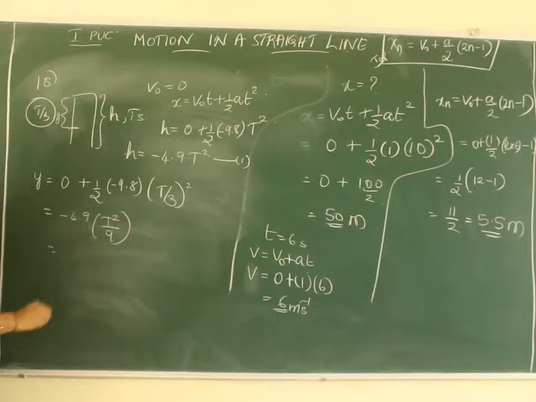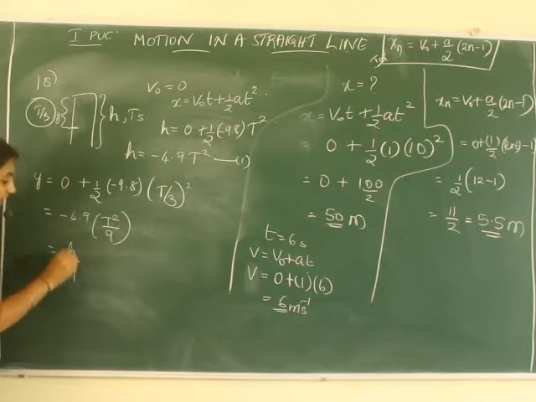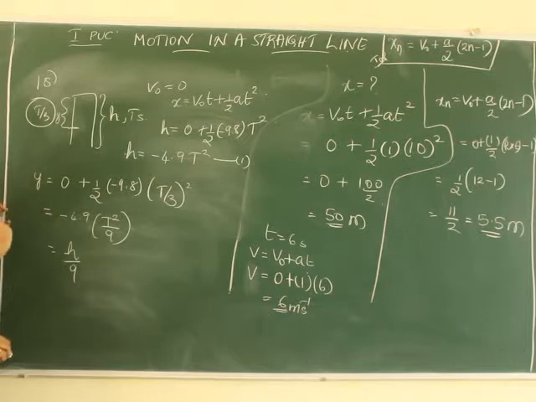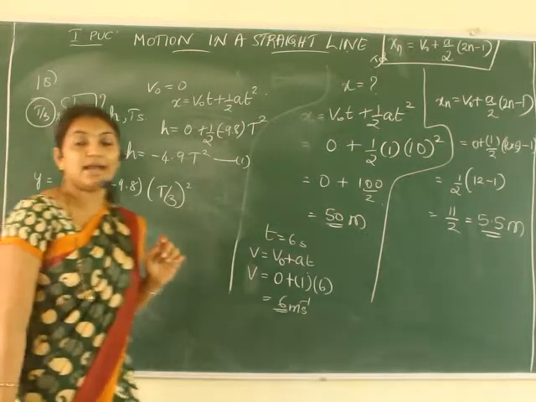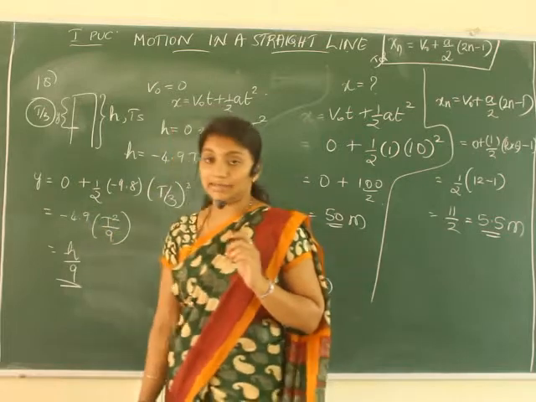Or else, see here, minus 4.9 into t square is h, so I can write h by 9. So h by 9 is the displacement at the time t by 3. What is the position of the ball at t by 3? So the position is h by 9.